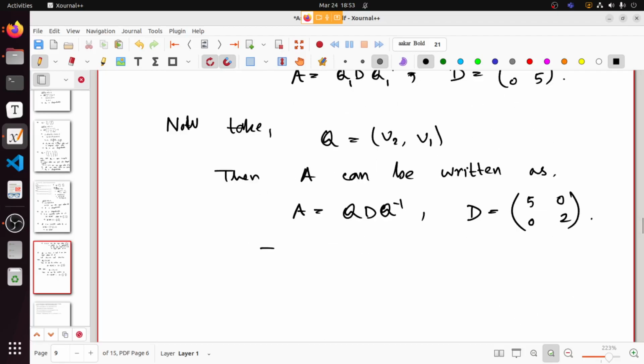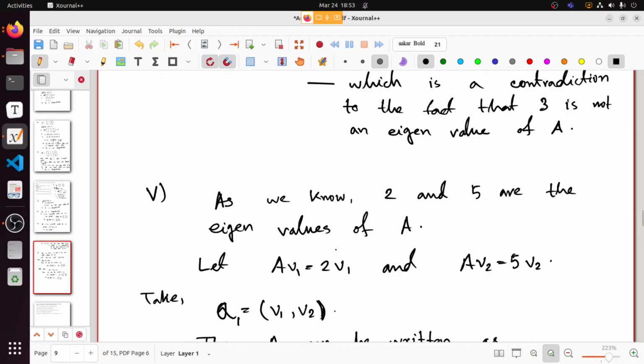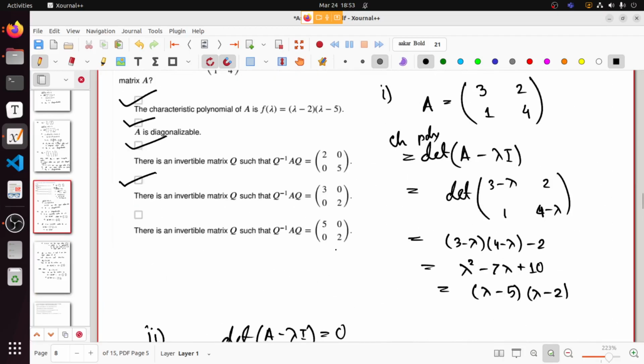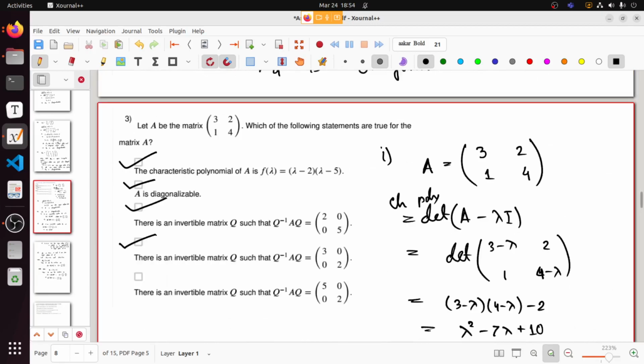Which means Q inverse A Q is D, which is [[5, 0], [0, 2]]. So option number 5 is correct. There indeed exists an invertible matrix Q such that Q inverse AQ is this. With this, question number 3 is also done.